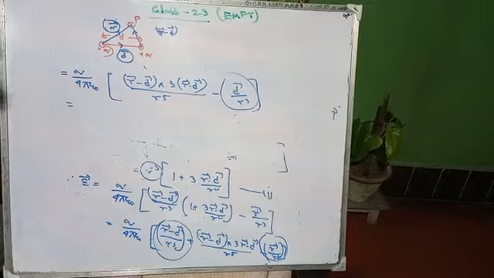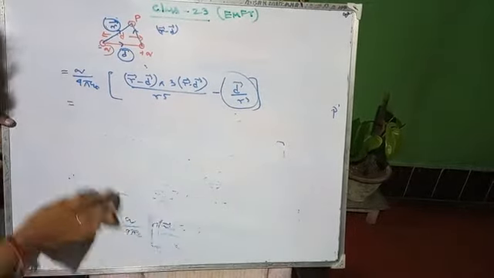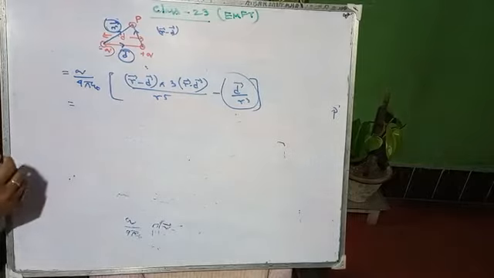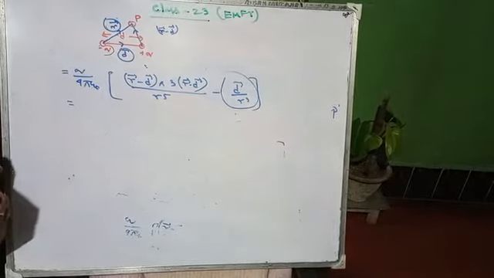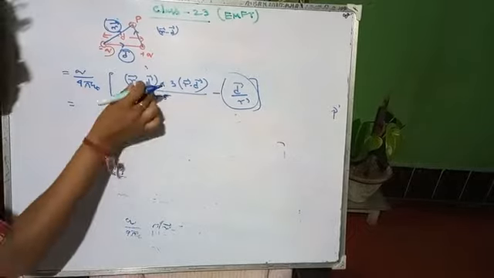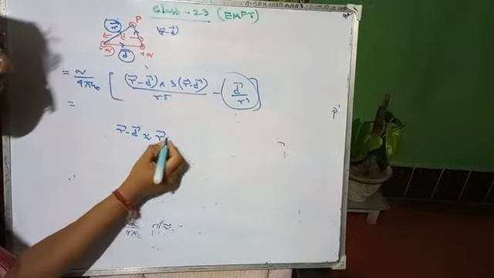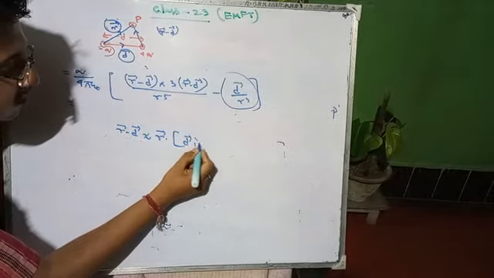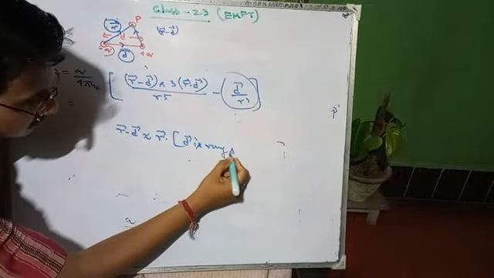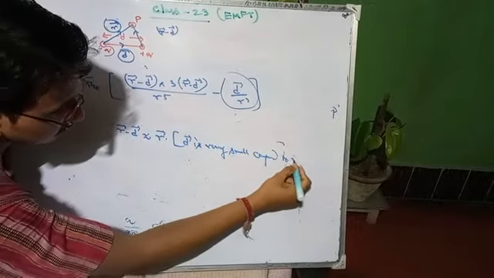But we know that r is very much greater than d. So can we ignore this one? That is, r vector minus d vector can be taken as exactly equal to r vector, because d vector is very small compared to r vector.